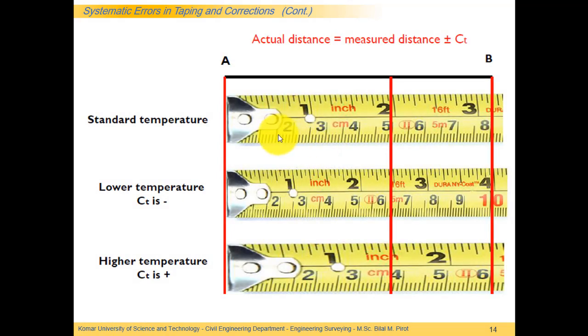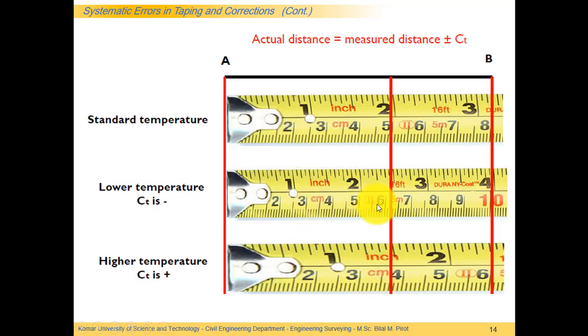Normally, if we have a meter like this under standard temperature, it is normal like this. As you see, this is 1 centimeter, 2 centimeters, 3, 4, 5, 6. But in lower temperatures, meaning cold temperatures, the meter may compress.